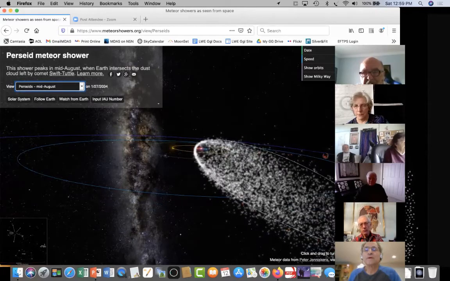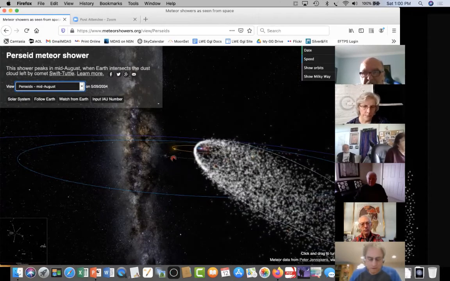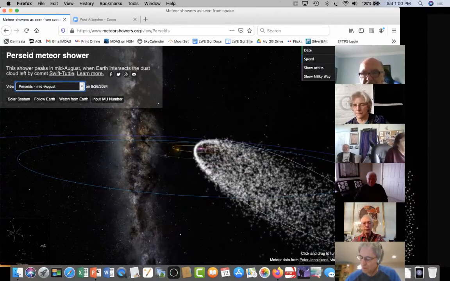This line out here is Neptune. This is Uranus, Saturn. I'll go back in, but you can see that. So you can see that it originates out in the Kuiper Belt.